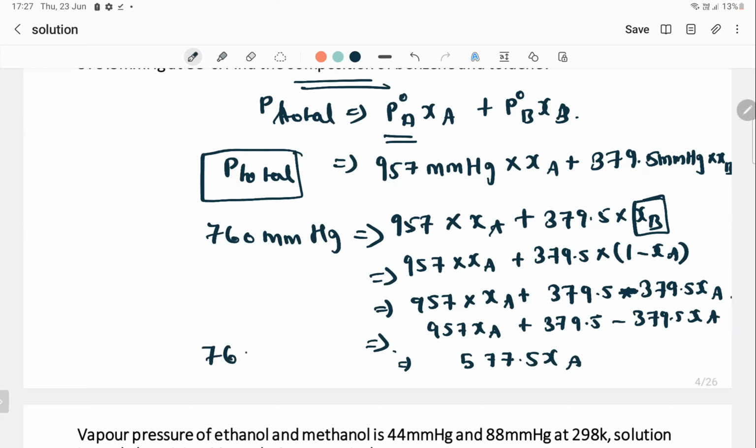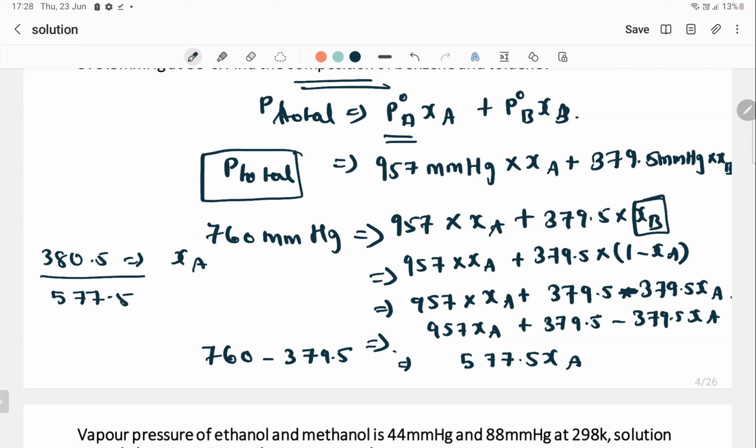Here 760 minus 379.5. So 760 minus 379.5, which is 380.5, and keep your XA here divided by 577.5.